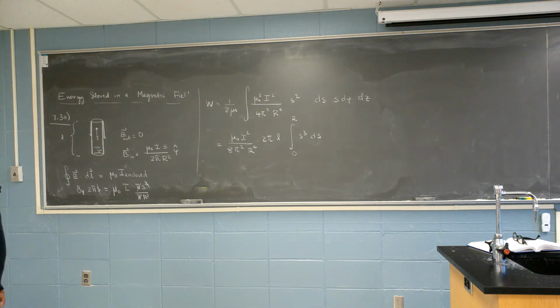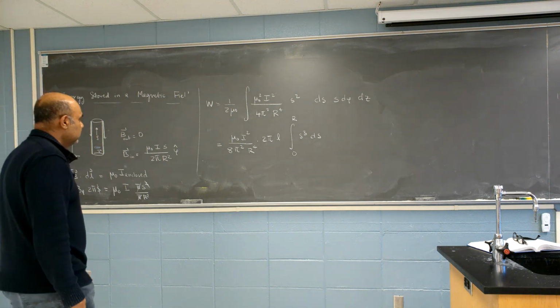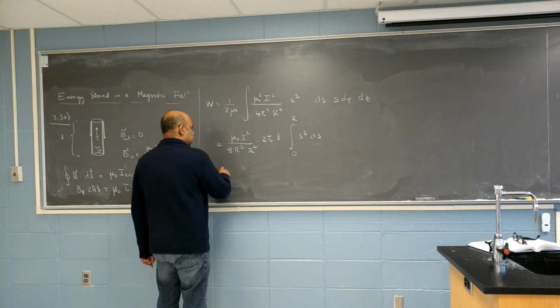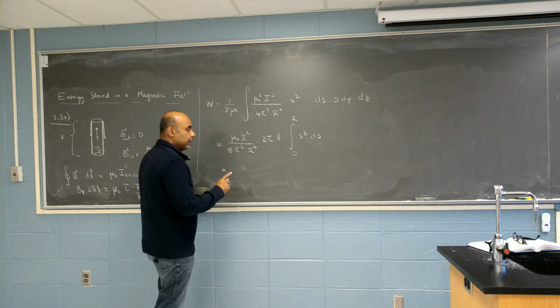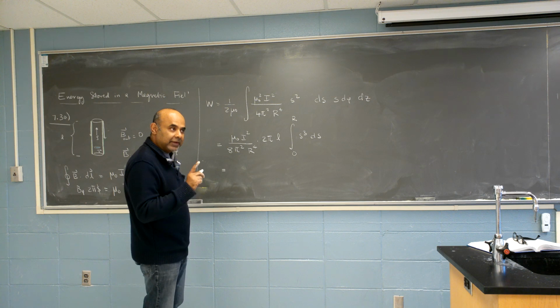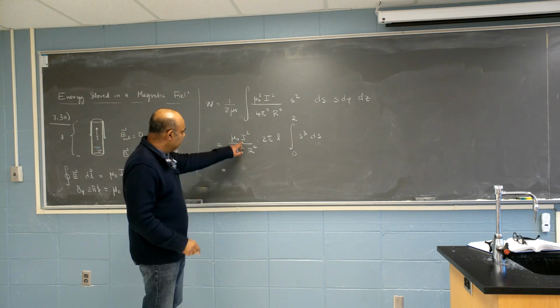I'll tell you, right or wrong, I'm already happy, because W equals 1/2 L I squared. There's the I squared.